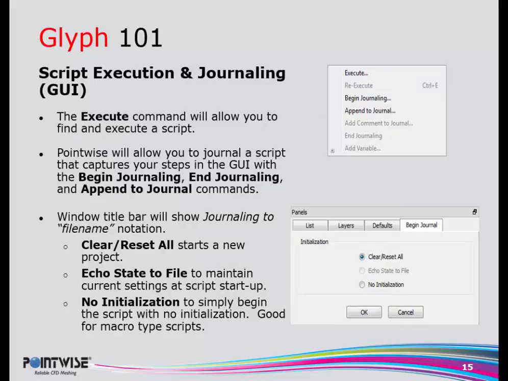Script execution and journaling. Talked about this a little bit. In the script menu, there's an execute button, and that's what's going to allow you to run your script within Pointwise. You can journal scripts within Pointwise. There's a begin journaling, end journaling, and append to journal commands within that script menu. In the right-click menu in the message window, there's also the option to enable journaling, so you can see the commands printed to your message window.